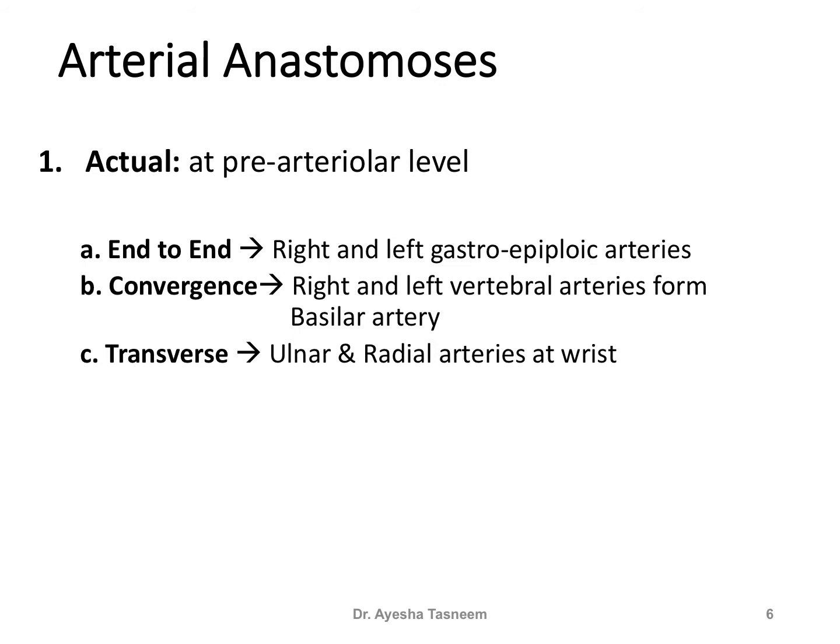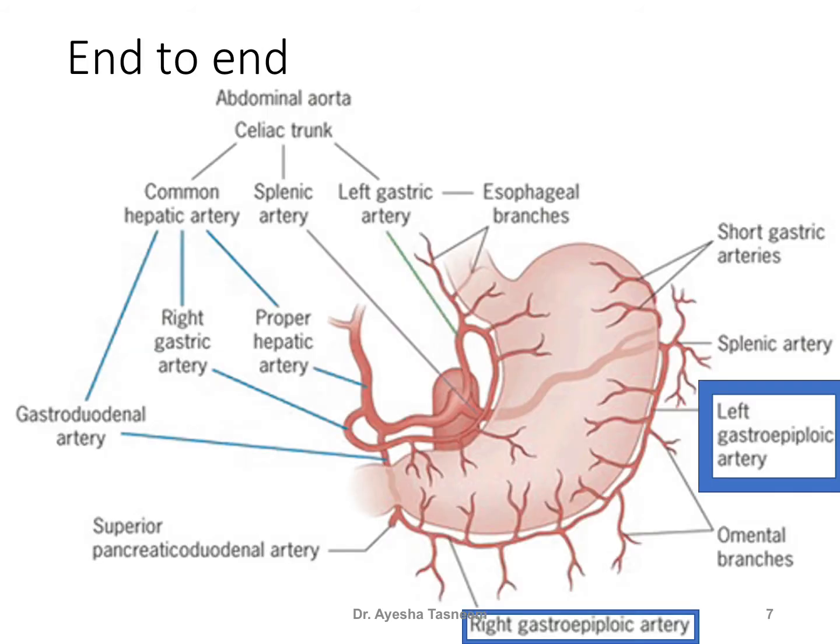In end-to-end anastomosis, 2 arteries directly open into each other. The best example is the right and left gastroepiploic arteries. Here you can see the right gastroepiploic artery merging into the left gastroepiploic artery, which has been highlighted.